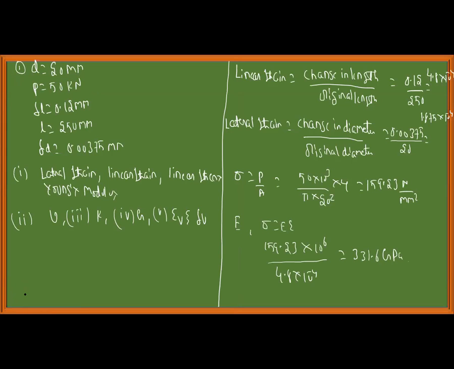Okay. Next, we have to find Poisson's ratio. Nu is epsilon lateral by epsilon linear, which is equal to 1.875 into 10 power minus 4 by 4.8 into 10 power minus 4, which is equal to how much? 3.9 into 10 power minus 1.